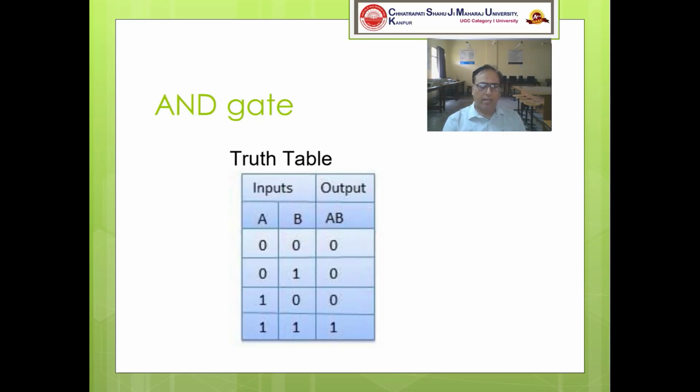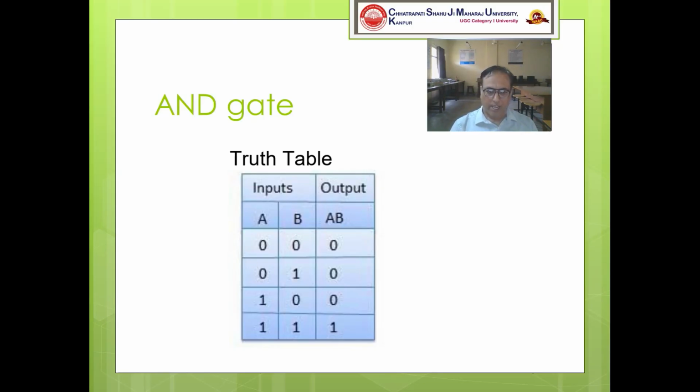Now we can define the AND gate using a truth table by taking logic 0 and logic 1. For a two input AND gate having inputs A and B, if we take both of them as logic 0, then 0 dot 0 will be 0, output will be 0.